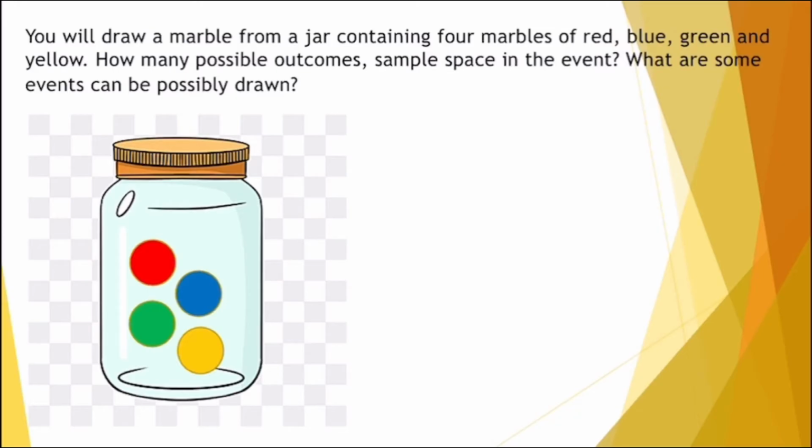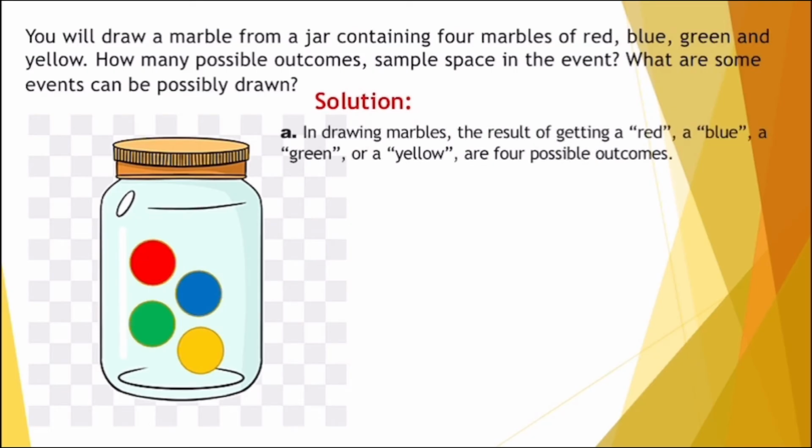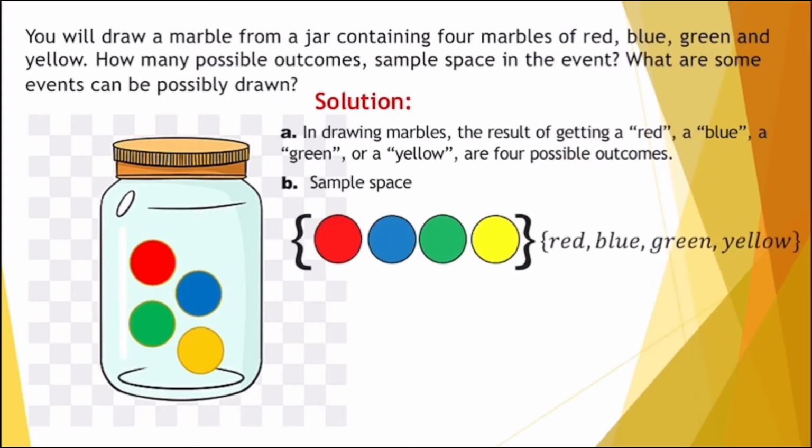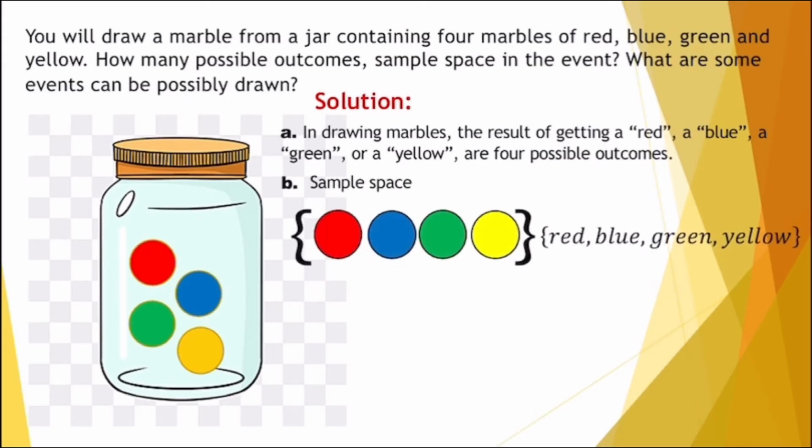For our solution, in drawing marbles, the results of getting a red, a blue, a green, or a yellow are 4 possible outcomes. The sample space will be red, blue, green, and yellow. And here are some possible events for this experiment.